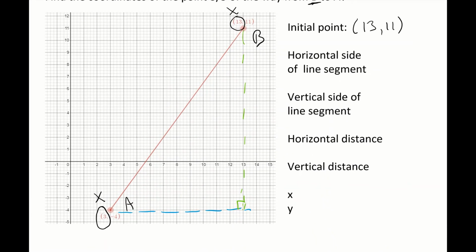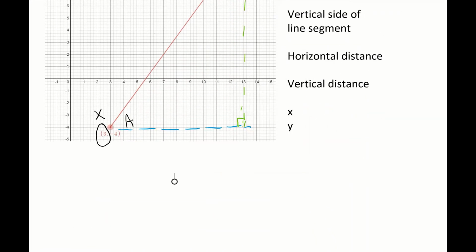So we have 3, subtract the X coordinate of the other point, and then take the absolute value. That's going to be the absolute value of -7, which in this case is 7. This means that the horizontal side is 7.